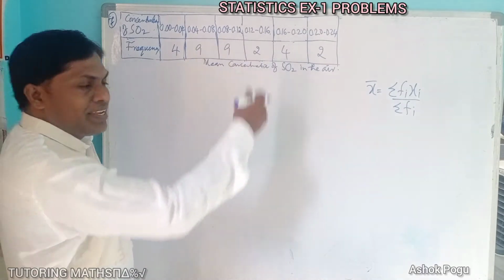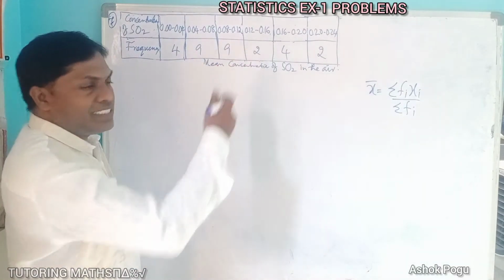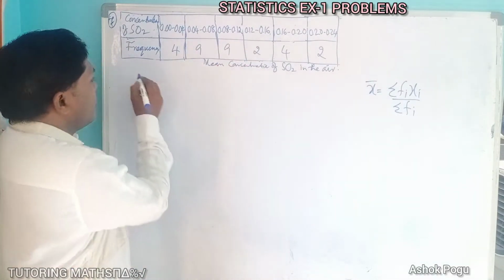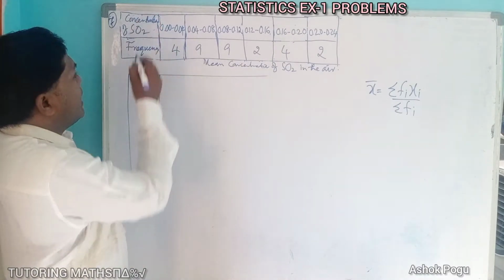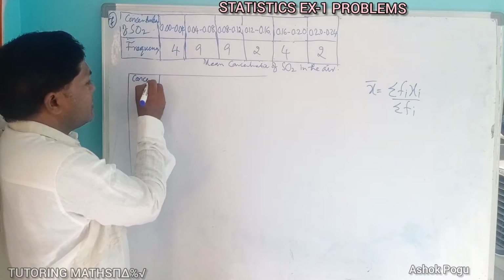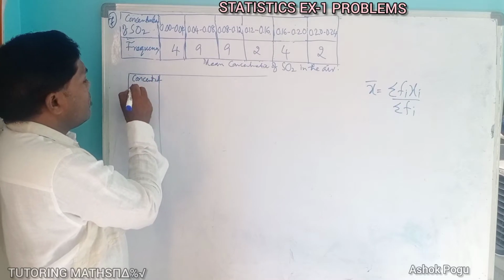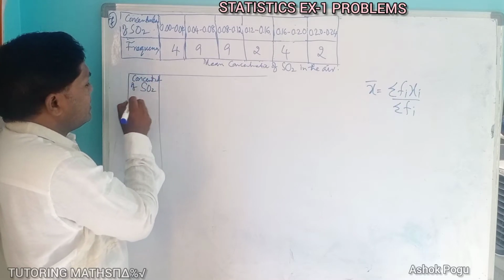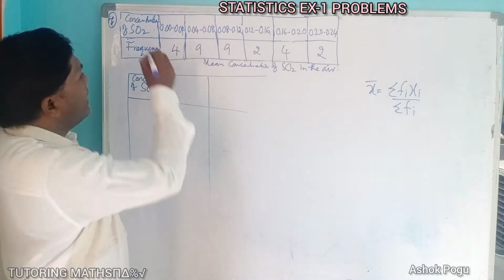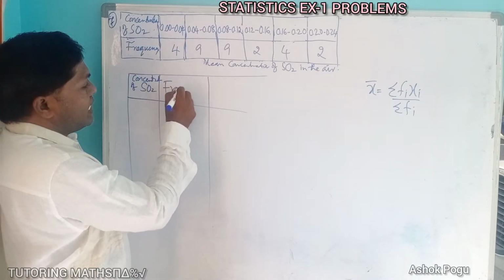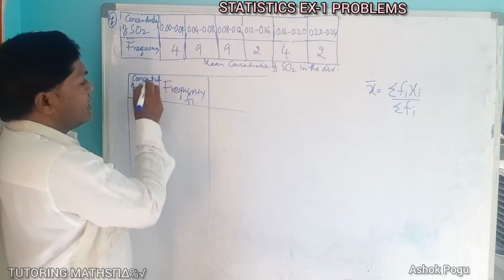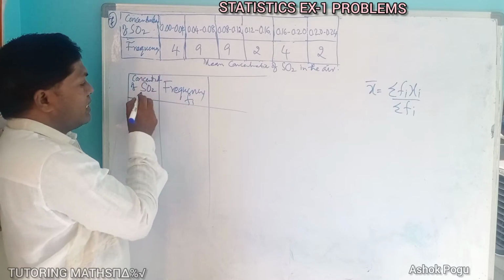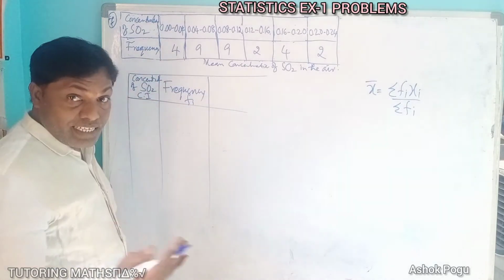Let us prepare the table. Now classify this data in tabular form. In the first column we have the concentration of sulfur dioxide, and secondly the frequency fi. The concentration is given in the form of class intervals.